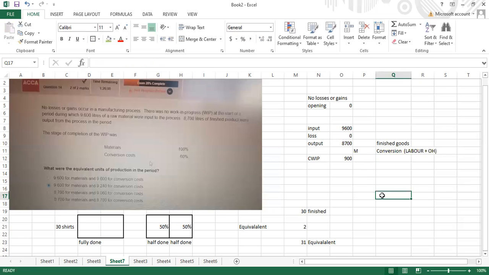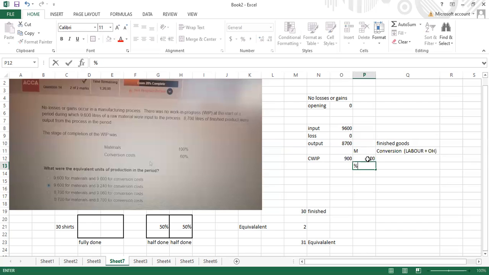It's called your conversion cost, right? So from your material point of view, it's 100%, and from your conversion point of view, it is 60% complete. So how will you get it?